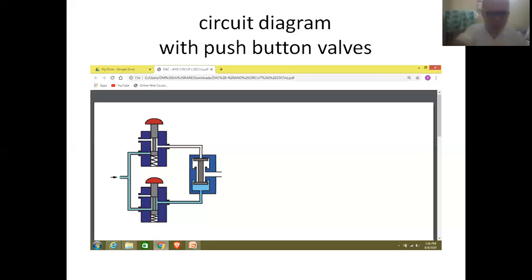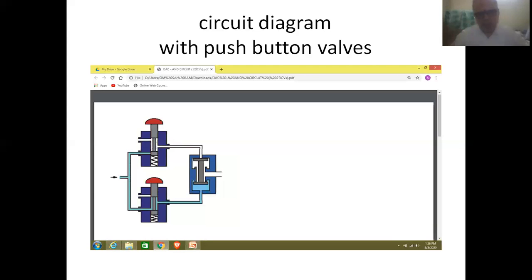So the first valve is connected to the left hand side of the piston, just like the previous circuit, and the second DC valve is connected to the right hand side of the piston.